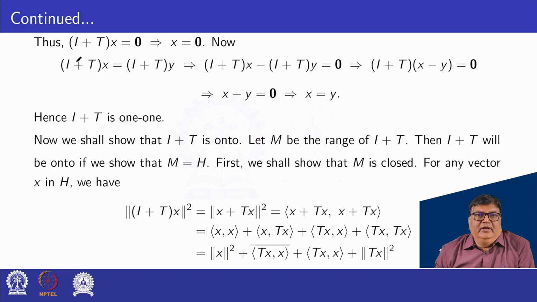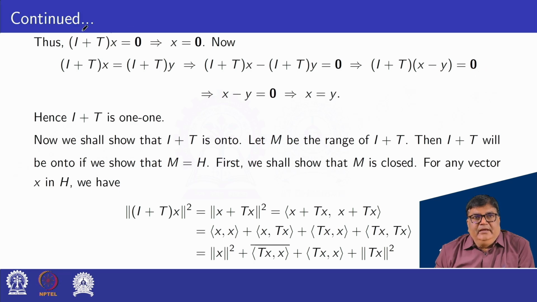Now (I plus T)x is equal to (I plus T)y. This implies that (I plus T)x minus (I plus T)y equal to 0. As per the linearity property, this can be written as (I plus T)(x minus y) equal to 0.